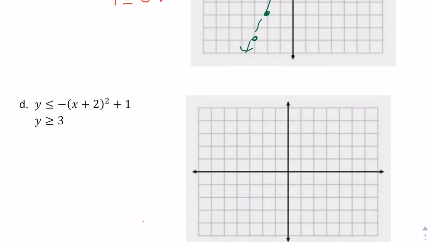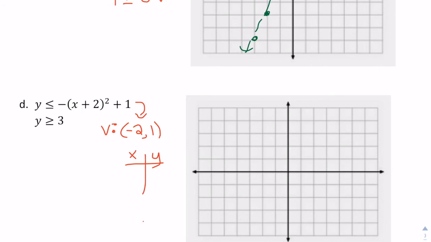Last one's another quadratic. If you look at this one, it's in vertex form, so it's shifted left 2 and up 1. So my vertex is going to be at -2, 1. Going to need some additional points as well.